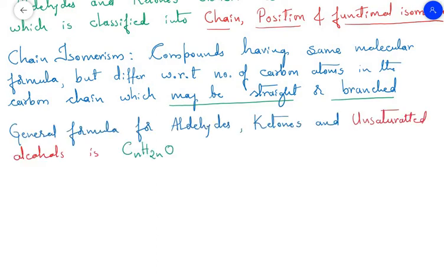Now the general formula for aldehydes, ketones, and the very important unsaturated alcohols is CnH2nO. In fact, this formula is meant for aldehydes and ketones, but this formula also obeys for unsaturated alcohols, and this is the point you have to keep in your mind.